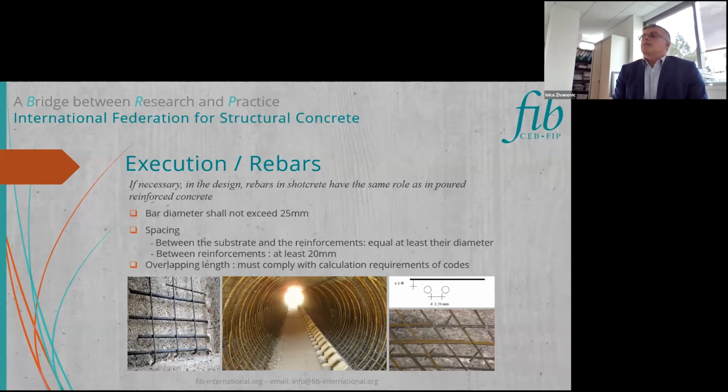The spacing between the substrate and the reinforcement is at least equal to their diameter, and between reinforcement bars there is at least a 20 millimeter spacing. The overlapping length must comply with the calculation requirements of the code used.